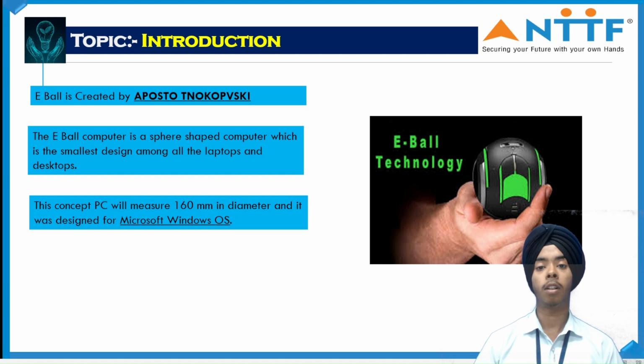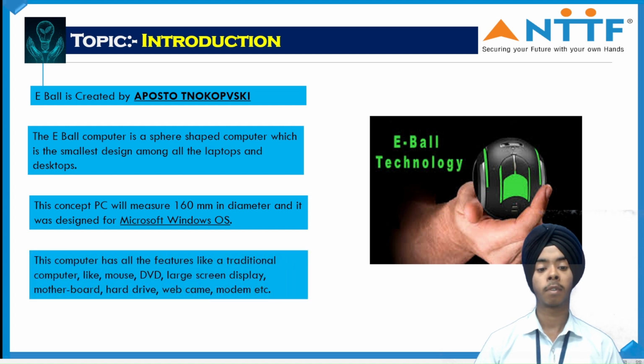This e-ball is a round sphere computer-based system, which is the smallest laptop and computer ever made. This computer has all the features of a traditional laptop, like display, keyboard, virtual keyboard, motherboard, hard drive, etc.